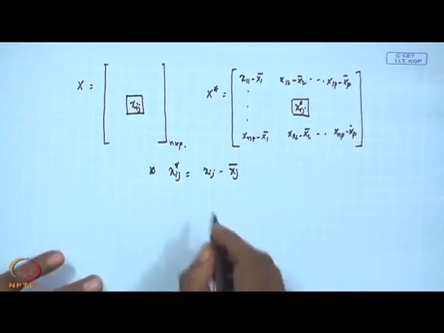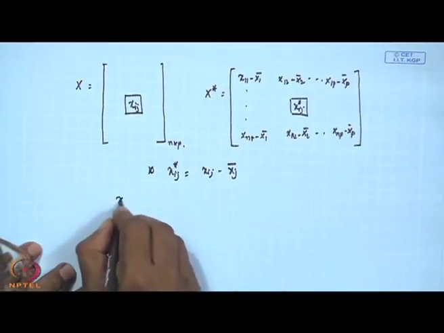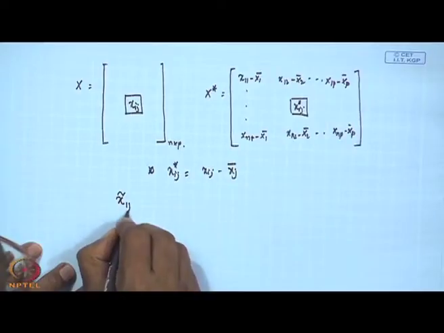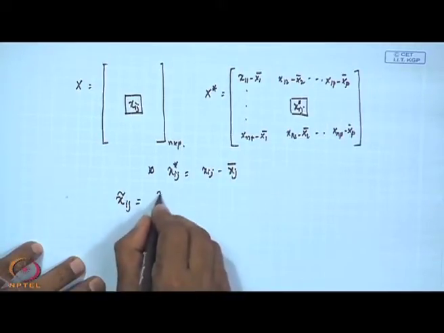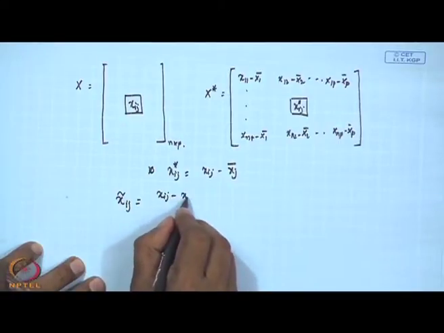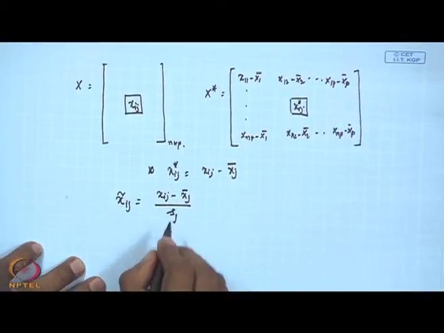Now, let us create another variable. Let us write it like this: x tilde ij. This one is x ij minus x j bar divided by s j.